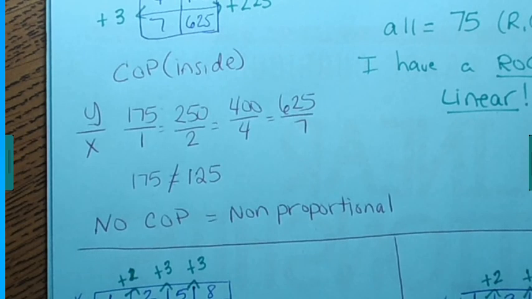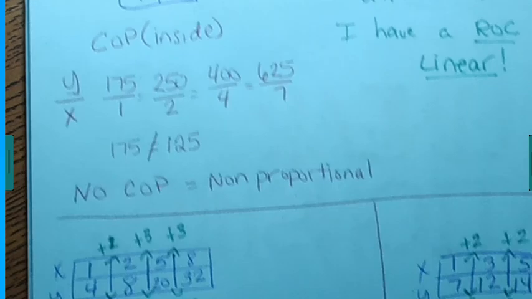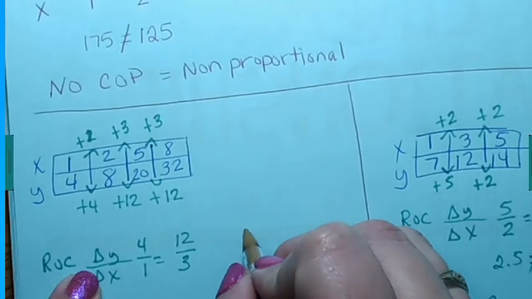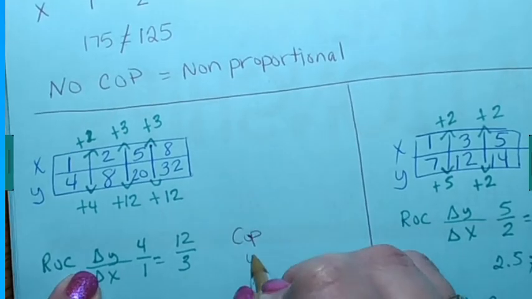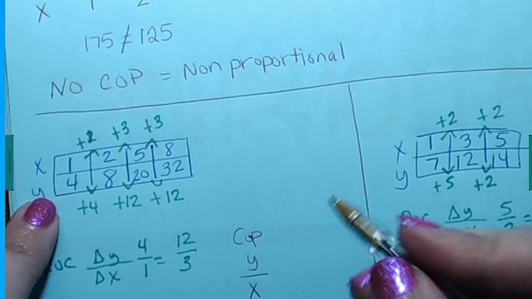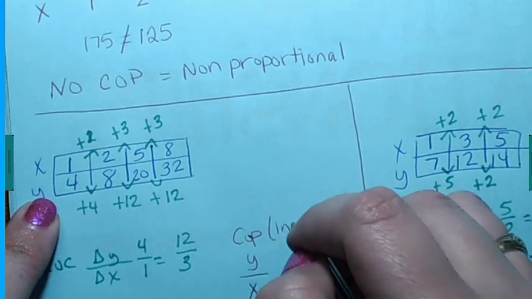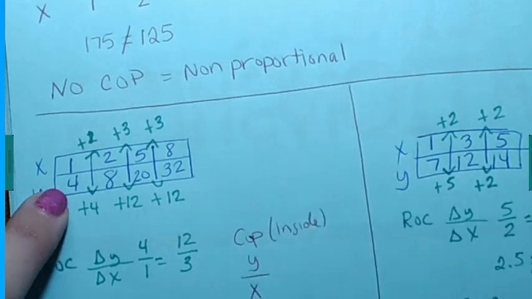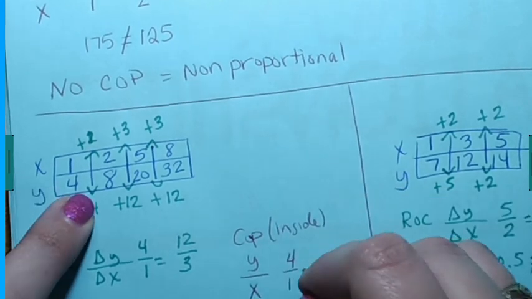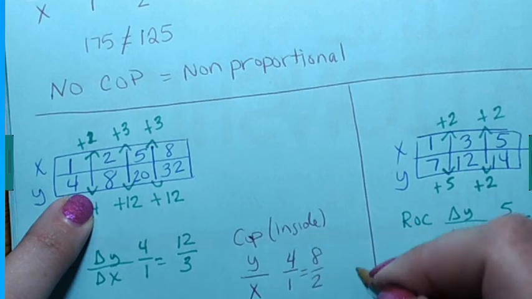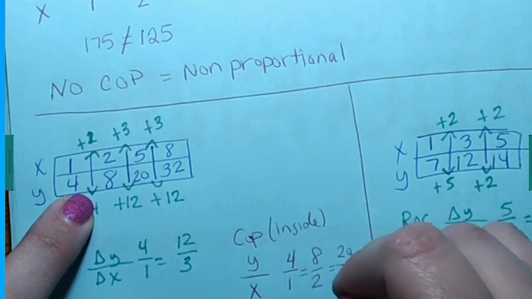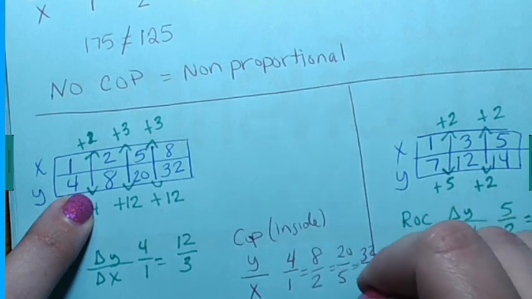Any questions on that? All right, we're almost done. Let's do the cop here. Cop is going to be y over x. So I'm looking inside, remember? So 4 over 1, 8 over 2, 20 over 5, 32 over 8.